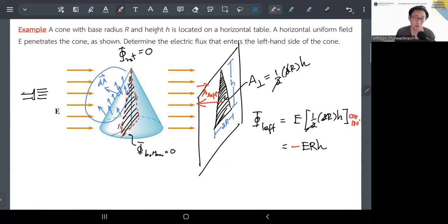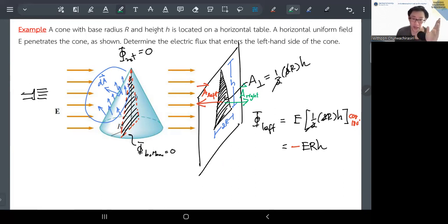So if this problem were to ask you, what is the electric flux on the right-hand side of the cone? You just look at the same area of the shadow. However, you're going to take the rightward vector direction to represent the right-hand side surface of the cone.